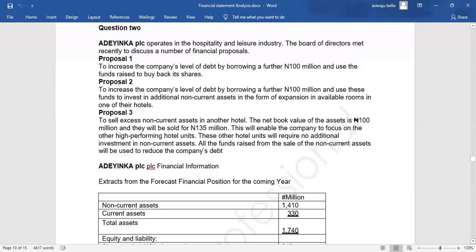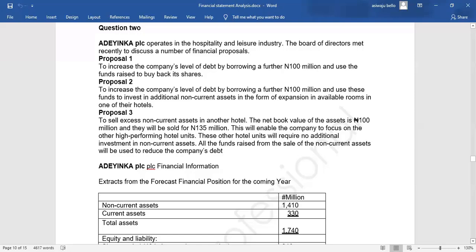This will enable the company to focus on the other high-performing hotel units. These other hotel units will require no additional investment in non-current assets. All the funds raised from the sale of the non-current assets will be used to reduce the company's debt.